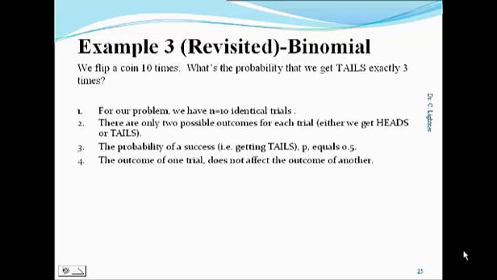Because our probability question asked about getting tails, we named tails a success. The probability of a success, or getting tails, is our p-value, which equals 0.5. We previously discussed that the outcome of one flip does not affect the outcome of another.